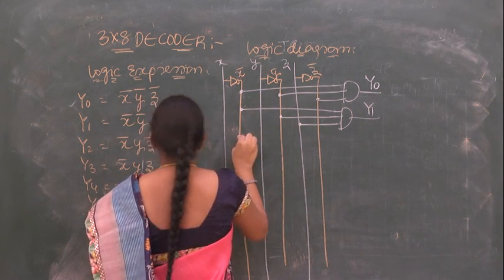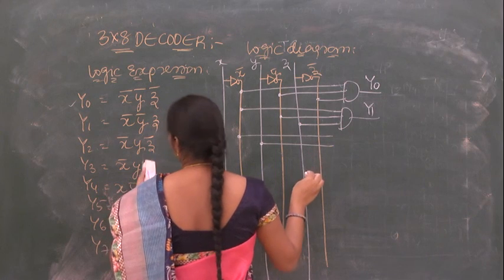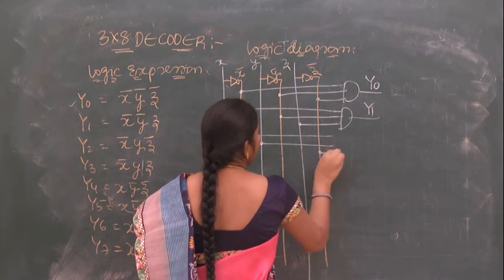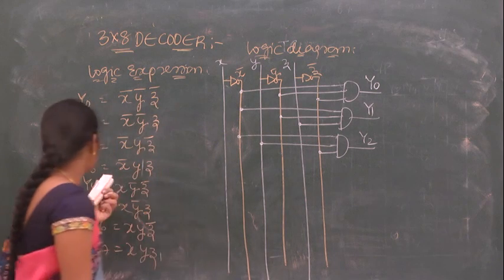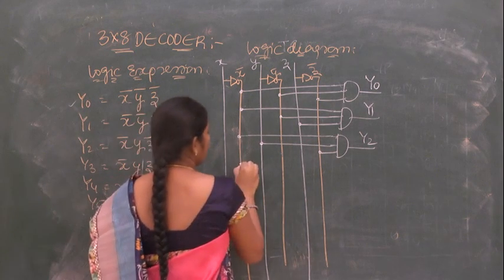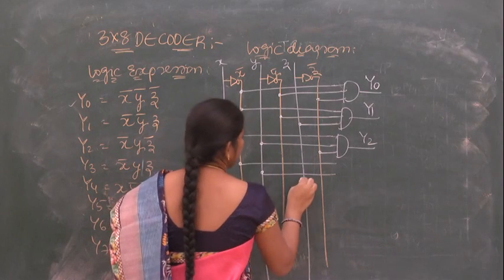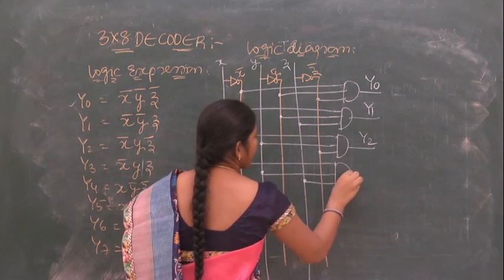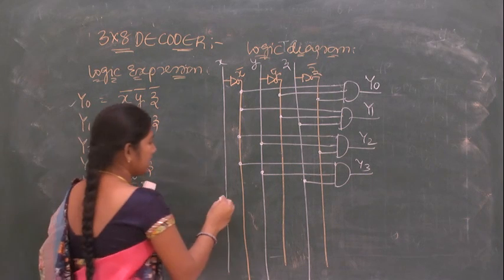Y2 is X bar, Y, Z bar. Give it to one AND and you will get Y2. Y3 is X bar, Y, Z, Y3.